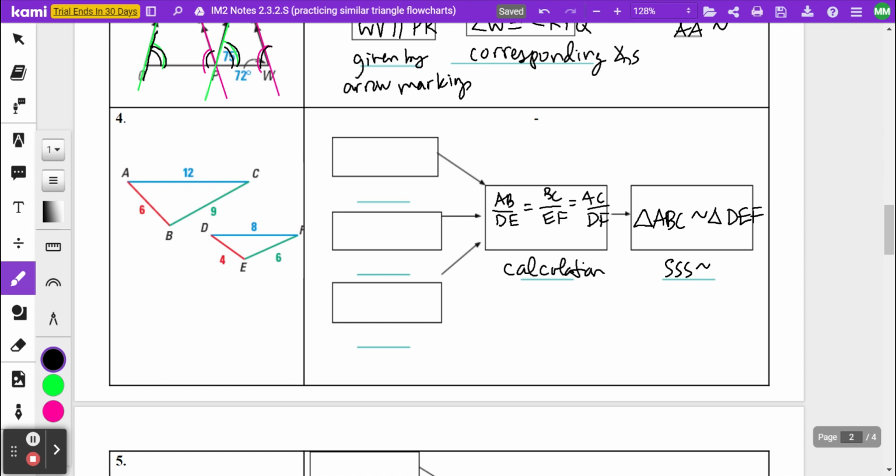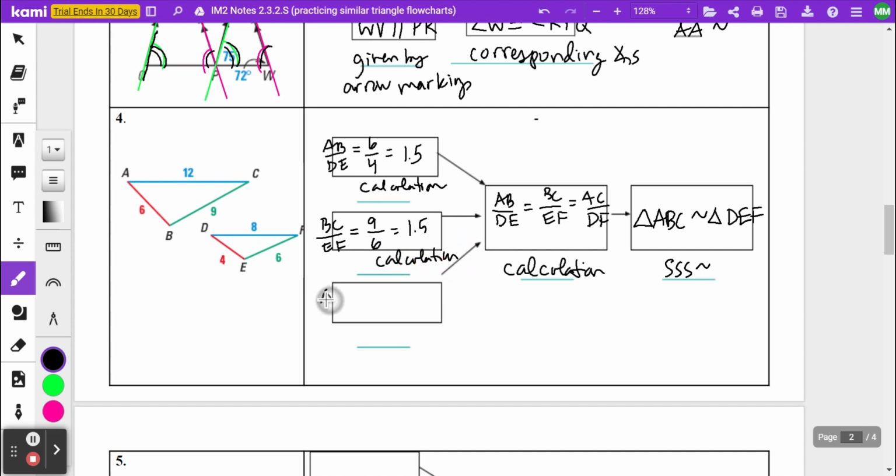All right, let's check AB over DE. That is 6 over 4, which is 1.5 by calculation. Let's check another. Let's do BC over EF. That is 9 over 6, which is also 1.5 by calculation.